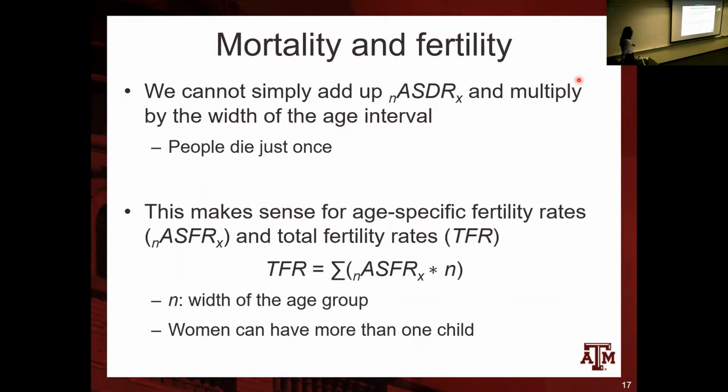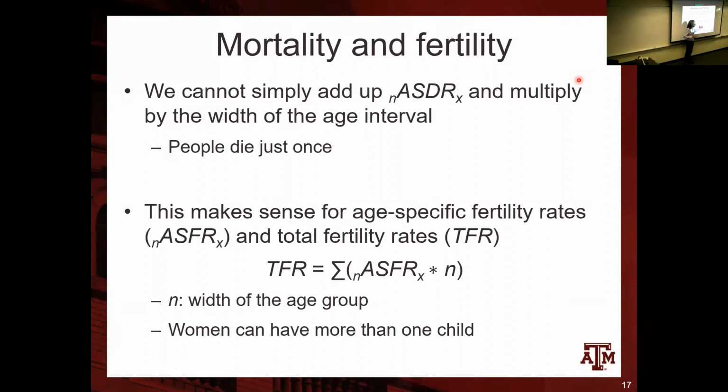Hey, we already know a really simple way to estimate a single indicator based on age-specific rates. Do you remember the total fertility rate? How do we calculate the total fertility rate?